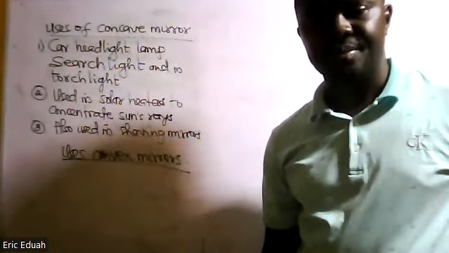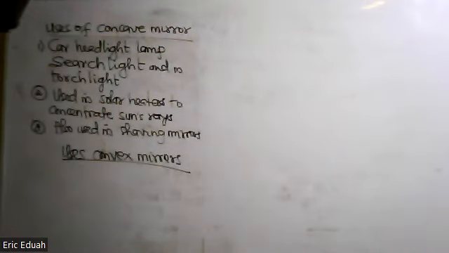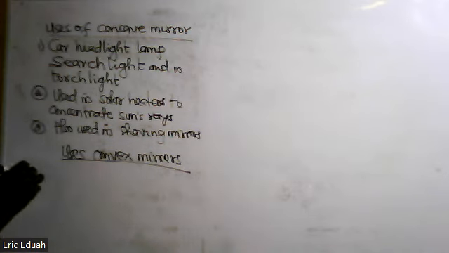They use them for security purposes, like when you go to the supermarket, they have these mirrors there. You use them to see everyone and what they are doing. The convex mirrors.